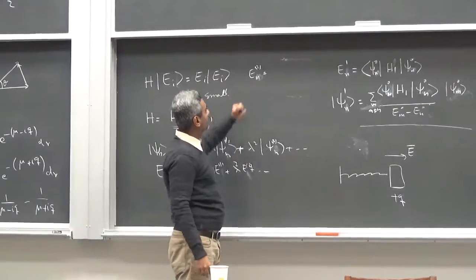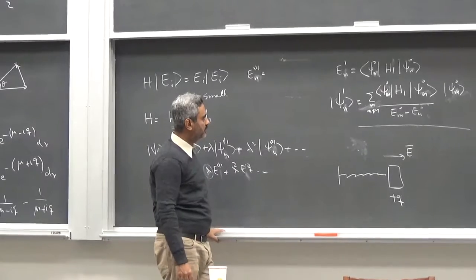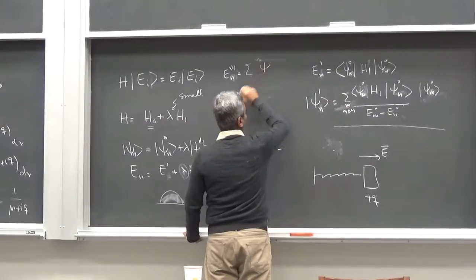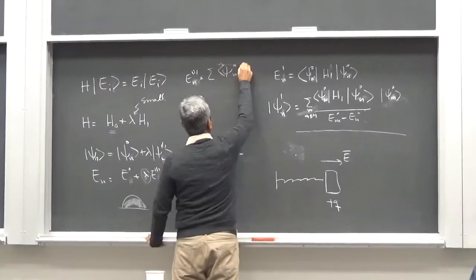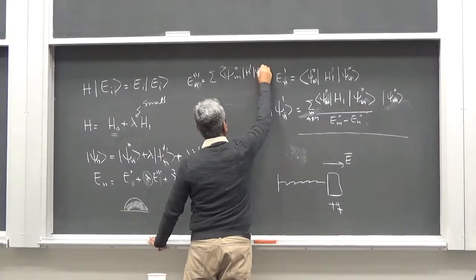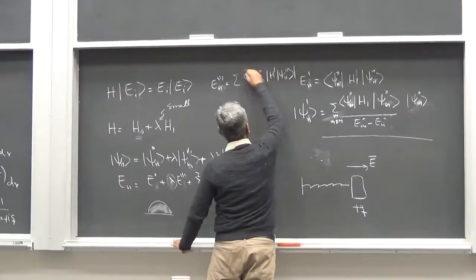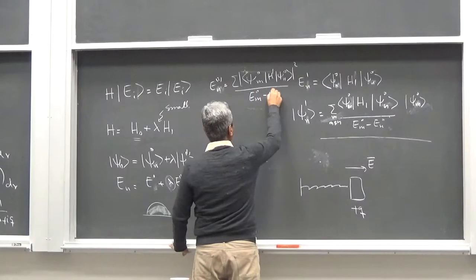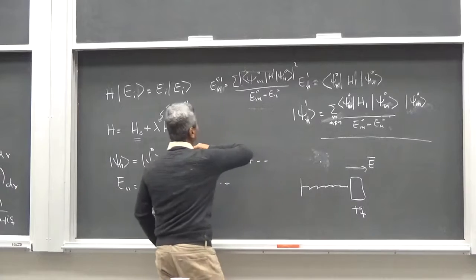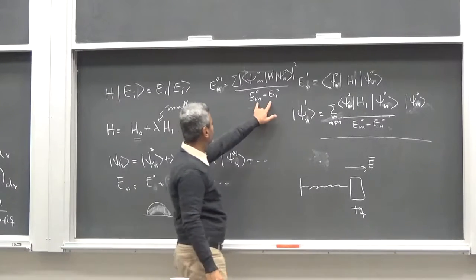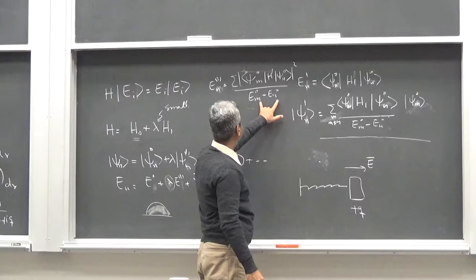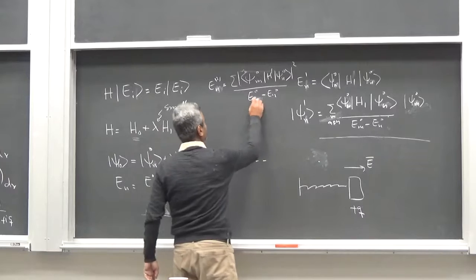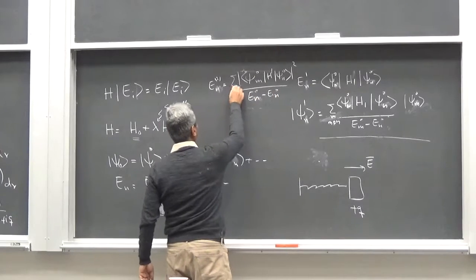And so you can also calculate this, and this basically comes out to be, and again here we go, |<psi_m^0|H1|psi_n^0>|^2 divided by (E_n^0 minus E_m^0), something like this. And I'm not sure about the sign there. Is it E_m^0 minus E_n^0 or E_n^0 minus E_m^0? I think it's E_n minus. And then the sum is the same.